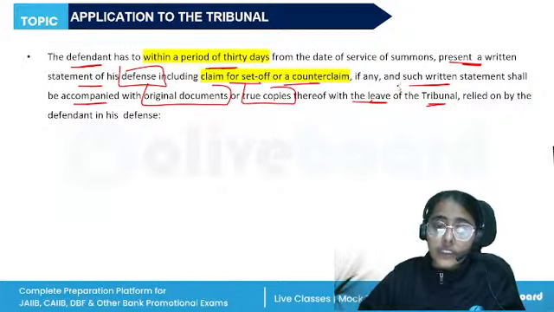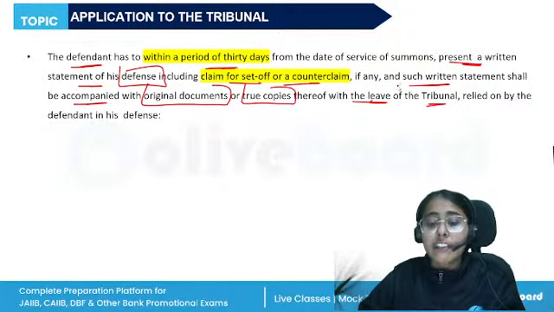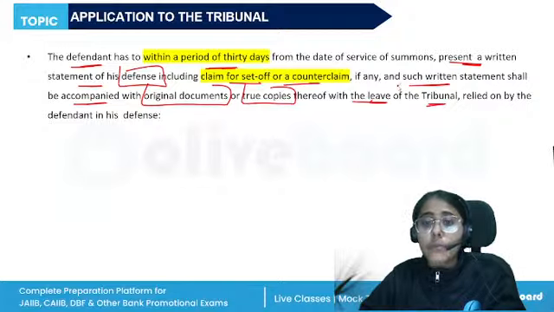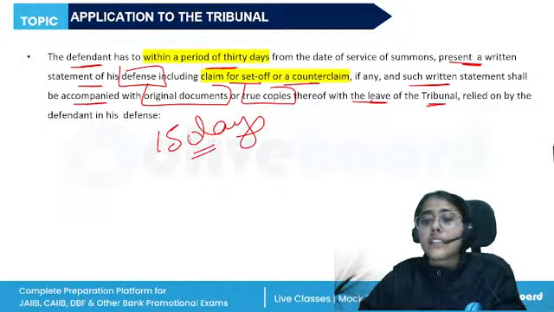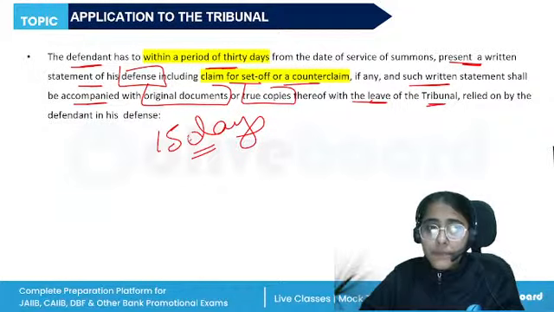If however the defendant fails to file the written statement within the said period of 30 days, then in exceptional cases or in special circumstances an extended period will be provided, but this extended period shall not be more than 15 days to make the written statement, right?